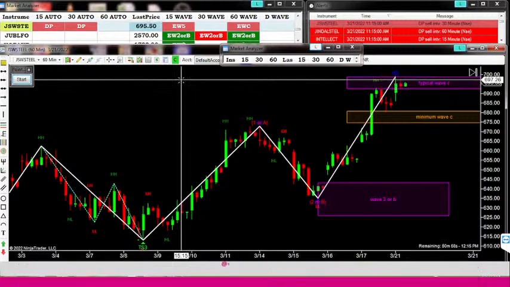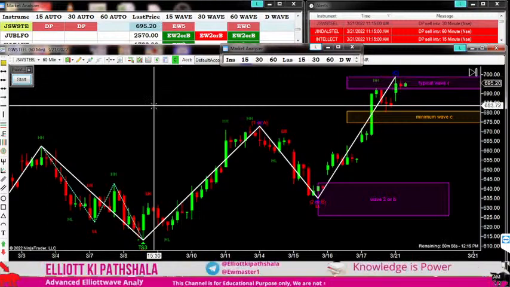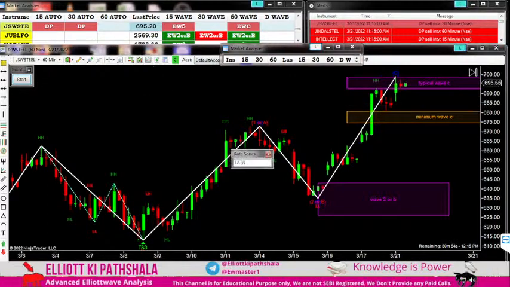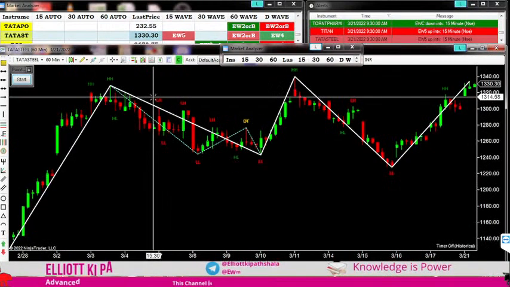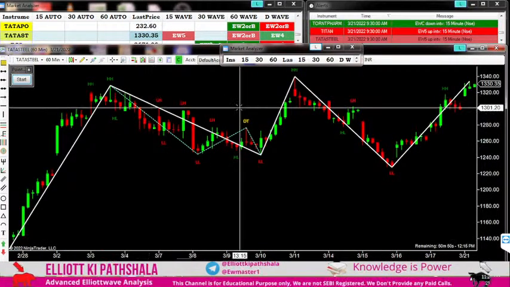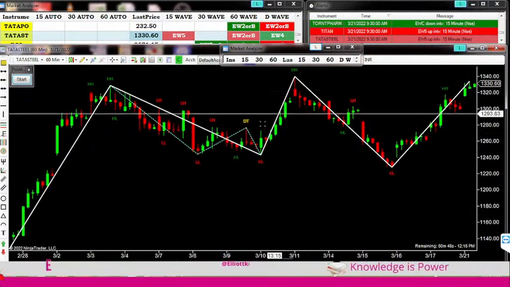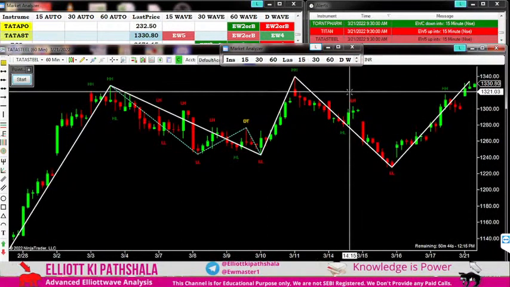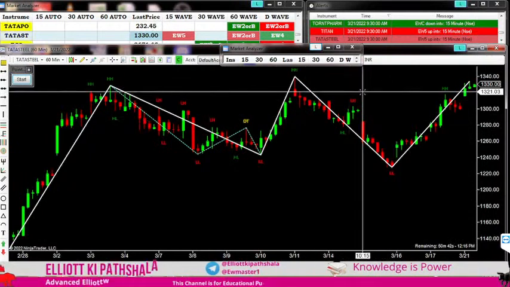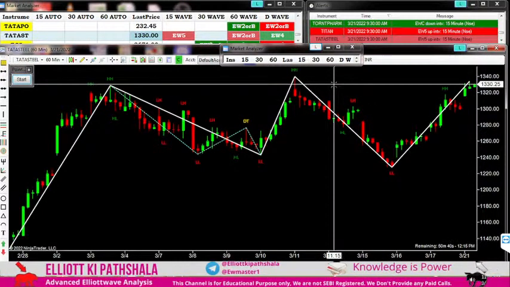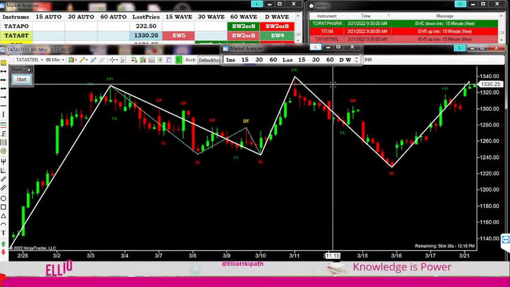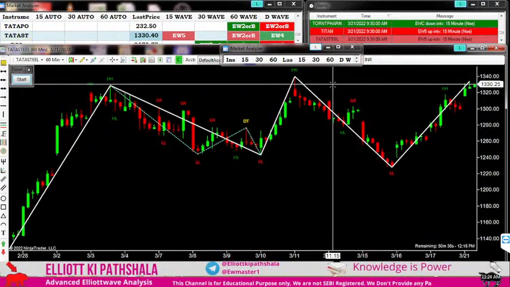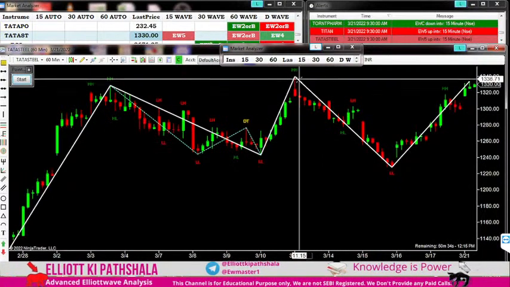Unless it crosses 1360, then the 1340 level, it is not bullish. Till that time, we can look for a possible downside move. If it breaks 1340 and sustains, yes, you can have a very good up movement from that level.